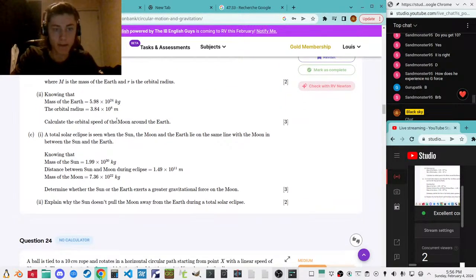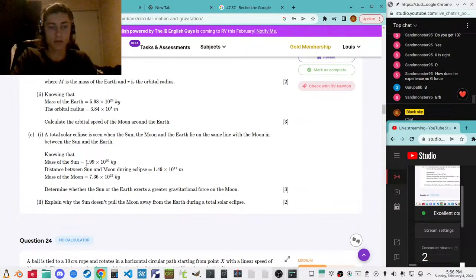Okay, so 8 times 2, 16. Mass of the moon, oh right, there's the mass of the moon, but it doesn't matter, right? Mass of the Earth is 10 to the 24. It's 10 to the 8. And before we also had 10 to the 8.